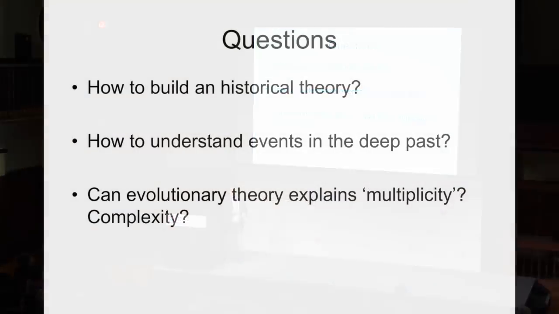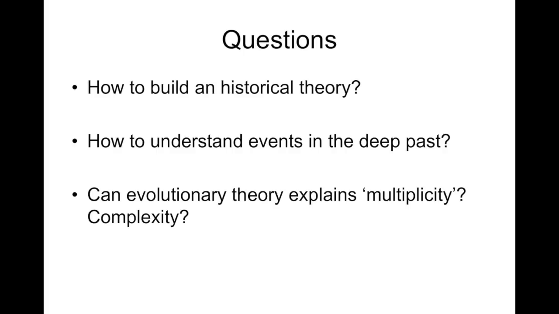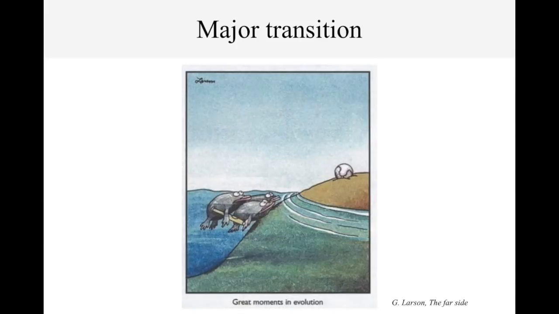So the questions here are: is it possible to build a historical theory? Is it possible to understand events in the very deep past? Can evolutionary theory explain multiplicity or complexity? And in fact, many people have been working on that. When you talk about this in general, you talk about major transitions.